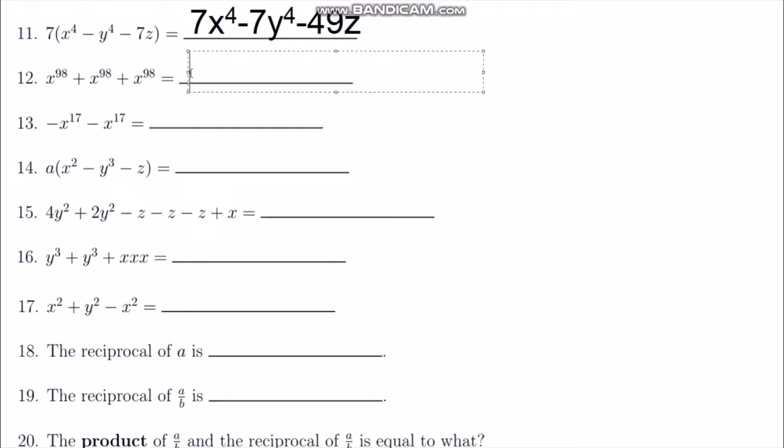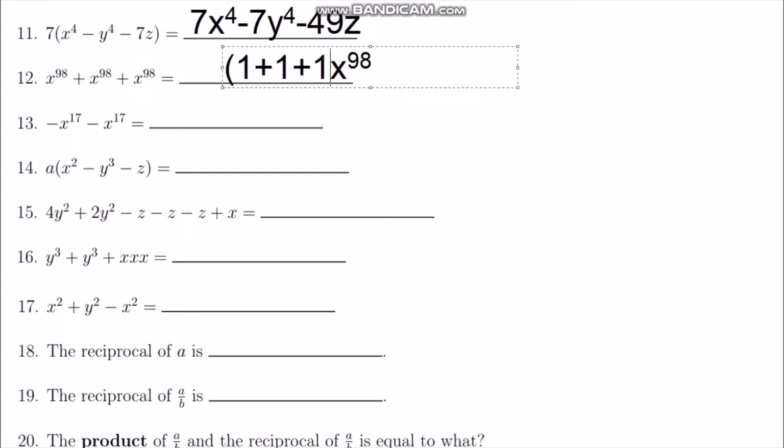Number 12, we see that we're adding here, so there are 3 of these terms, so we have 3x to the 98th power. The reason why the 3 is out here is that we recall from the distributive property that it's technically the right distributive. We imagine the x to the 98th kind of floating into all these terms.